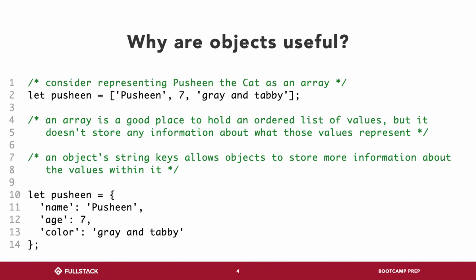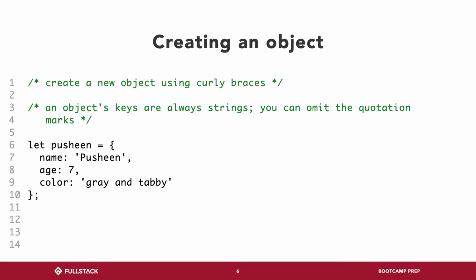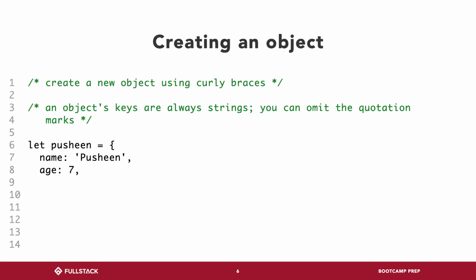Type of object is object. Right? Needed a whole slide to show you that. Cool. Creating an object: create a new object using curly braces. An object's keys are always strings, but you can omit the quotation marks. So this is the same as before.